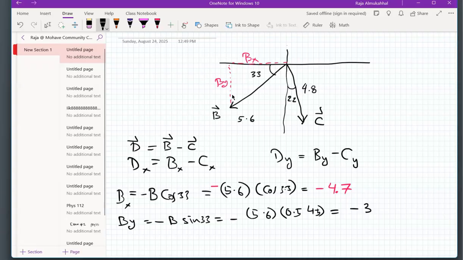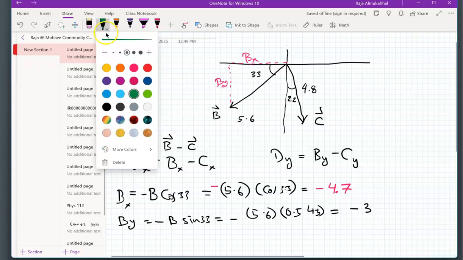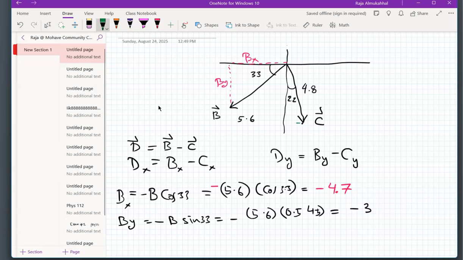Now let's do C sub x and C sub y, the x and y components of C. Notice that C sub y is going to be right here. Let me use a different color. So this is C sub y right there, and that's negative, right? Because it is below the x-axis.